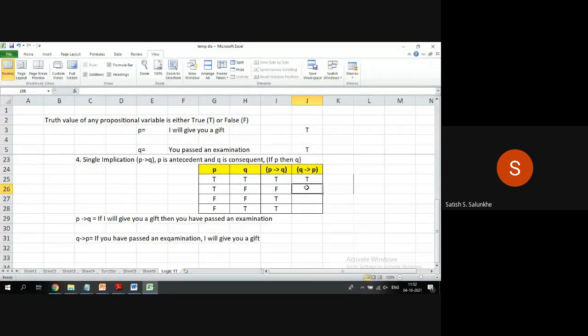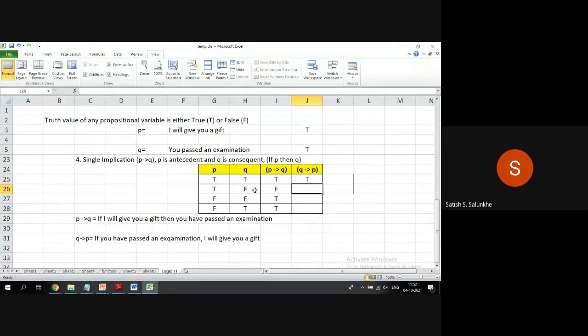Nowhere am I violating the promise. I can give you a gift as a compliment. Only that time the promise is violated; else the promise is not violated.